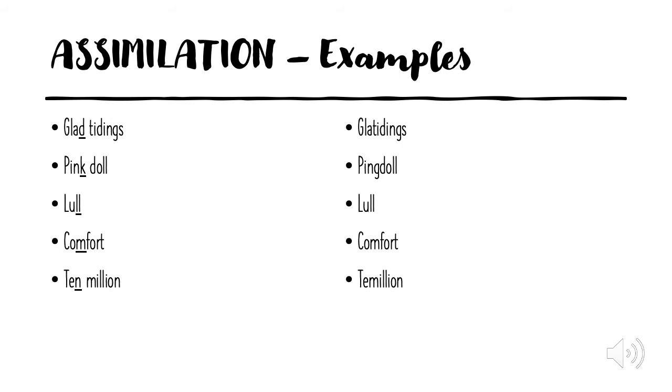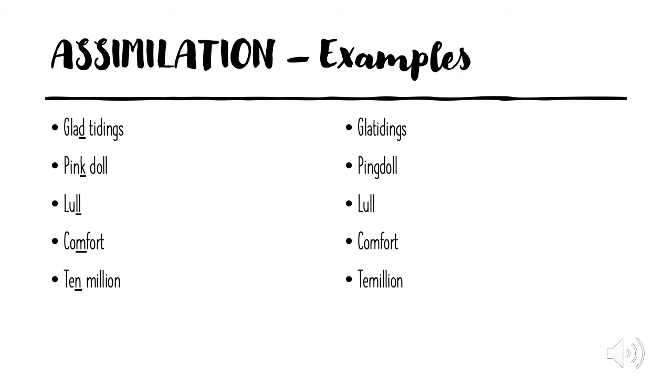In the vicinity of a voiced consonant like d, the voiceless k will move towards a voiced position. So it becomes "ping doll". We don't say "pink doll" with a clear k. The k becomes g.